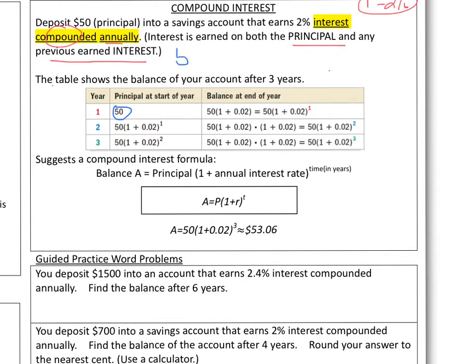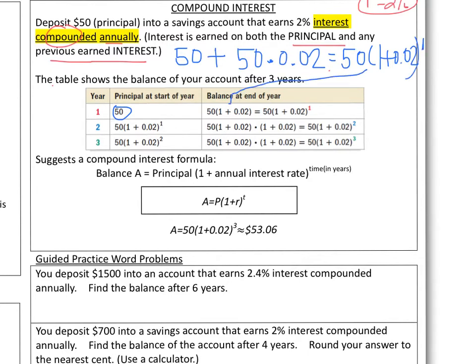Okay, so $50 plus $50 times 0.02, and this will equal to 50 times 1 plus 0.02 to the first power. And that's how this came about.